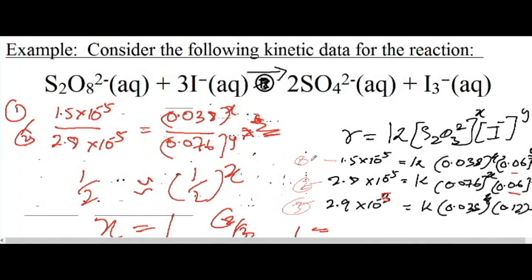No, let's consider 1 over 3, because if we get 1 over 3, then 0.038 cancels out, no problem with X. Then consider this one.